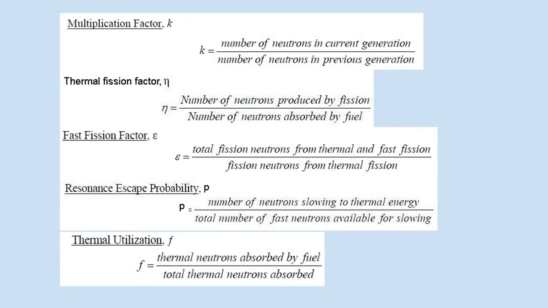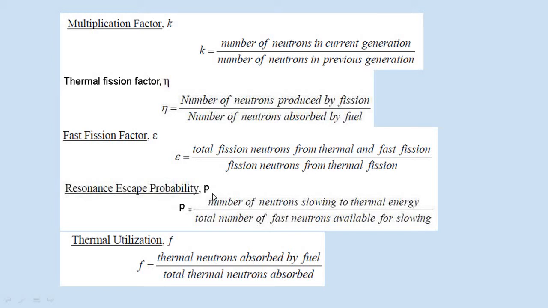So we have these terms: multiplication factor K as the number of neutrons in the current generation by the number of neutrons in the previous generation, and thermal fission factor eta as the number of neutrons produced by fission by the number of neutrons absorbed by the fuel. And fast fission factor epsilon is the total number of neutrons from thermal and fast fission divided by fission neutrons from thermal fission.